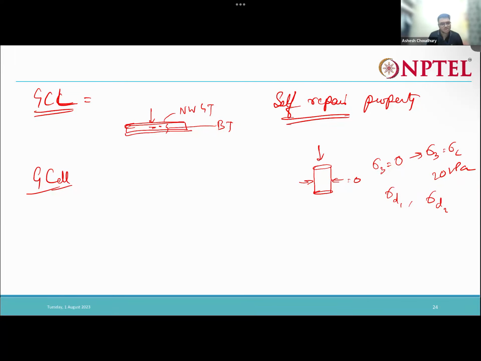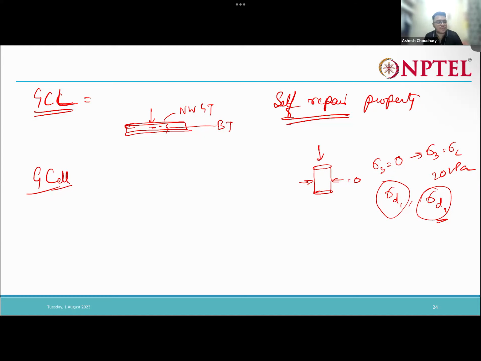In the first case, there is no confinement. You are doing a triaxial test, but it is not really a triaxial test, it's just a UCS test, right? The confining pressure is 0. Say it fails at deviatoric stress sigma d1. Then we put some confining pressure on the soil sample and do the test. Obviously sigma d2, the failure deviatoric stress for the second case, will always be more.